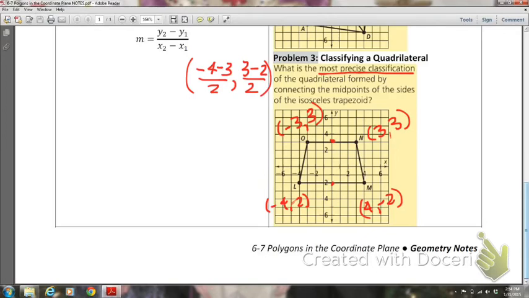So that's going to be your midpoint of LO. So my midpoint of LO is going to be -7/2, comma, 1/2. Okay, that's -7/2, comma, 1/2. That's this point over here on this side.